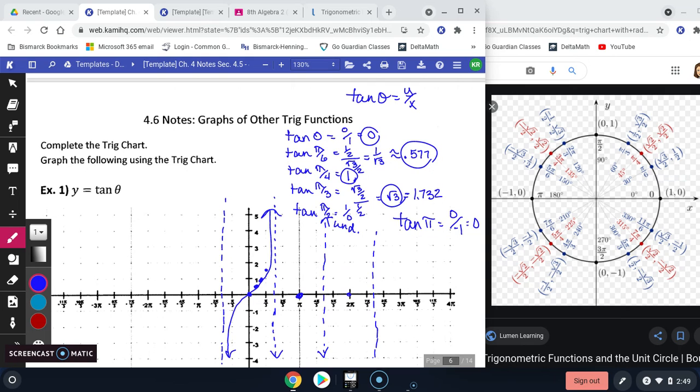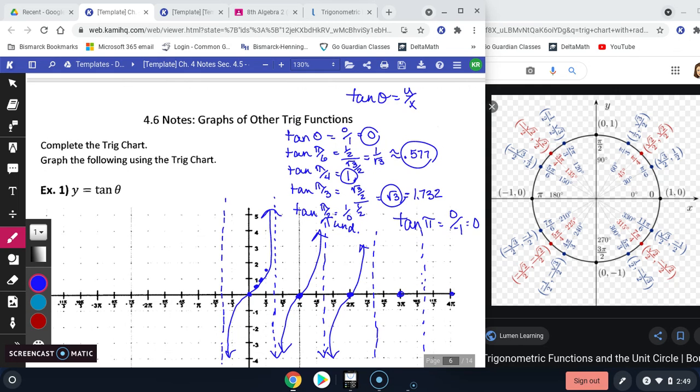And your tangent crosses at every pi. So it has an x-intercept at pi, at 2 pi, at 3 pi, at 4 pi, and so on. In the middle, between those, at every half of a pi, you have vertical asymptotes.